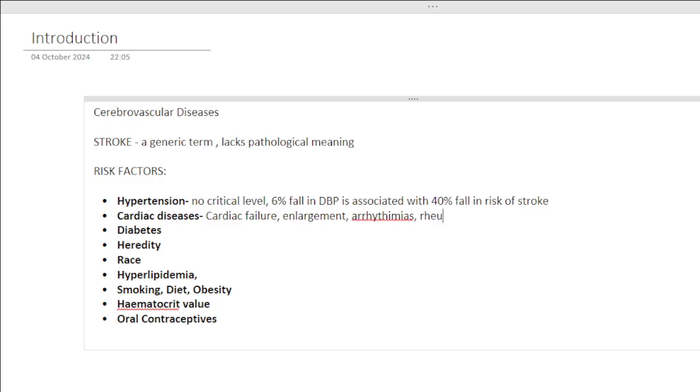If you see the systemic part, then rheumatic heart diseases also. So these all are risk factors.